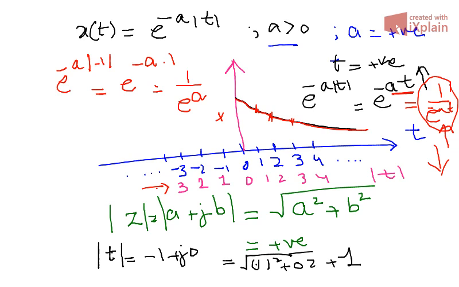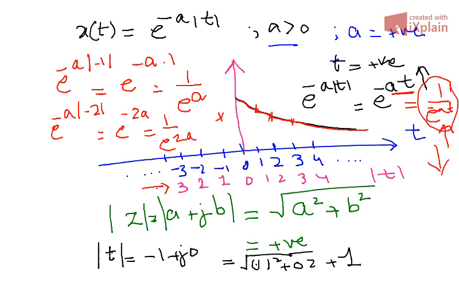So suppose this is this point. Similarly, if you have a t value equal to -2, you can write e raised to the power minus a times mod of -2, and the absolute value of -2 is 2, so you can write it as 1 over e raised to the power 2a, right?